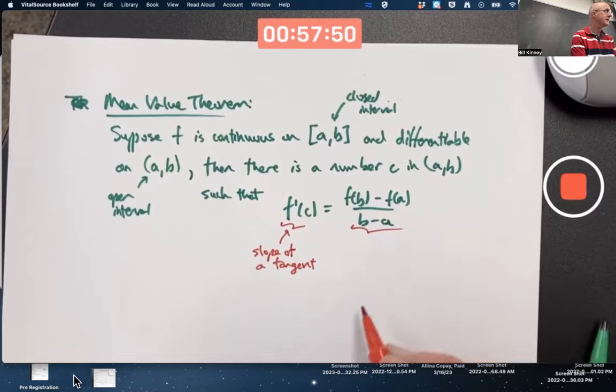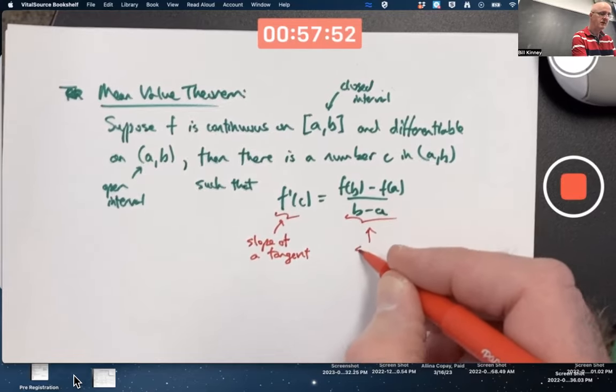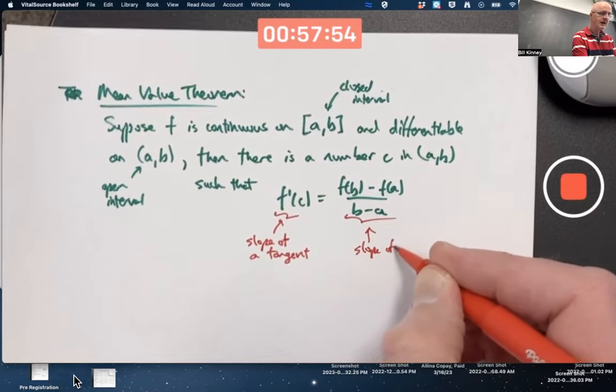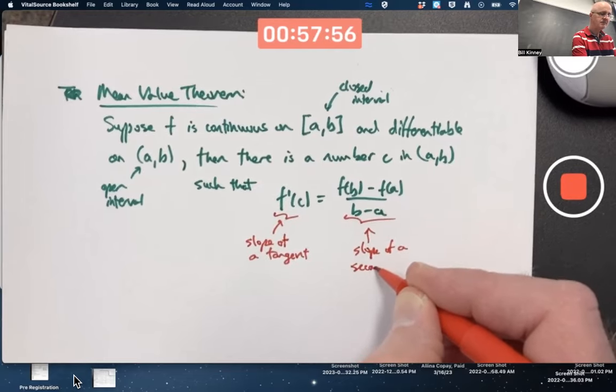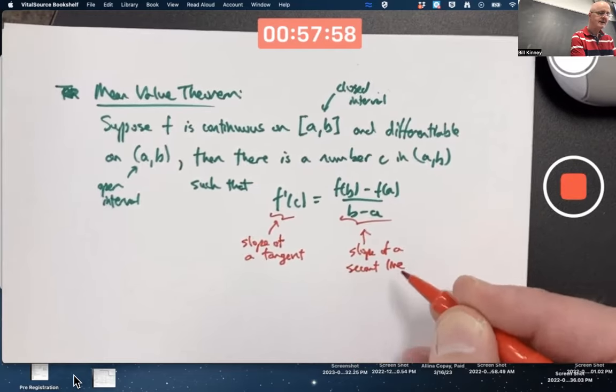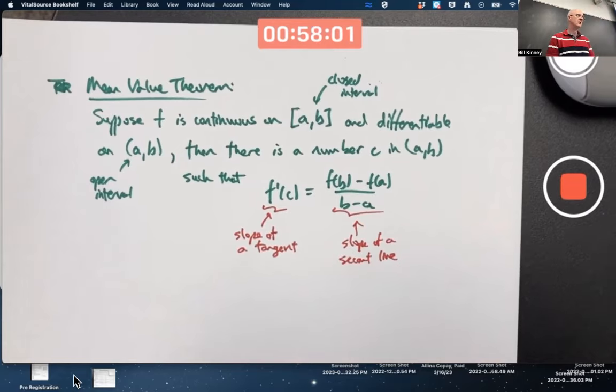This kind of expression is also a slope. It's a slope of a secant line. What's a secant line? It's a line connecting 2 points on the curve, not necessarily tangent to the curve, usually not tangent.